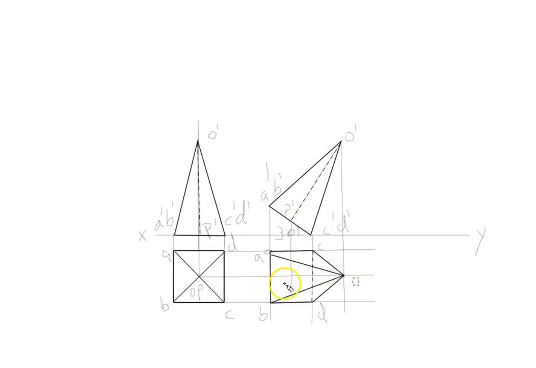The axis point will be somewhere here. So this P corresponds to this P dash, and so this is OP.